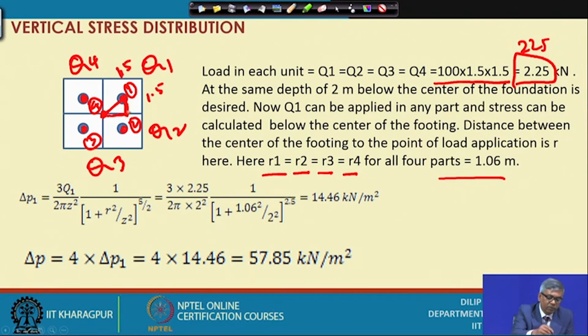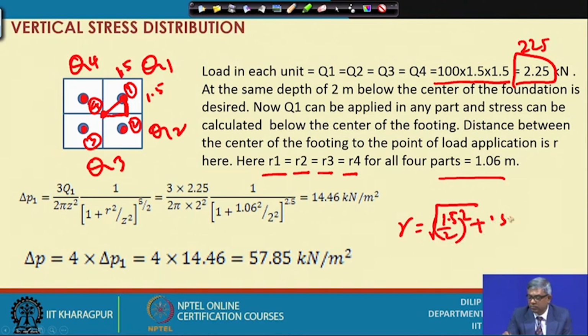R will be equal to under root of (1.5 by 2) whole square plus (1.5 by 2) whole square. So, this is the one, that means you have to find out this distance. So, this square plus this square under root will be the R. If you calculate, then you will get 1.06.